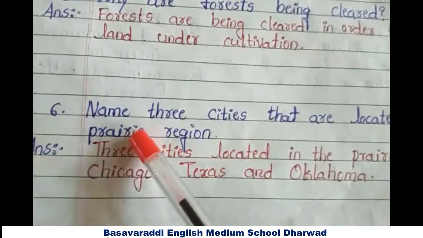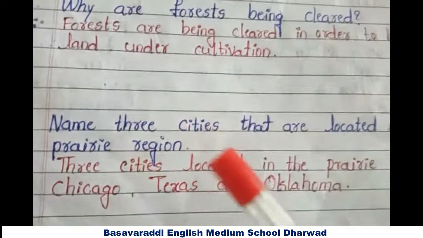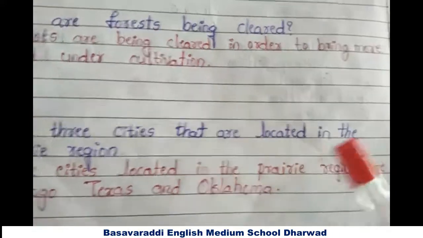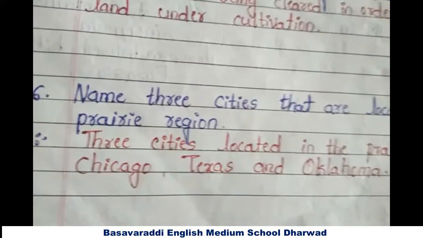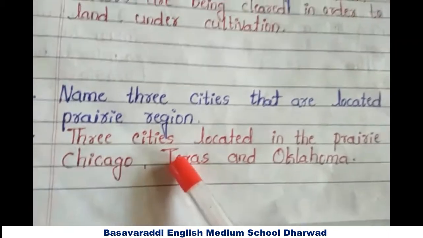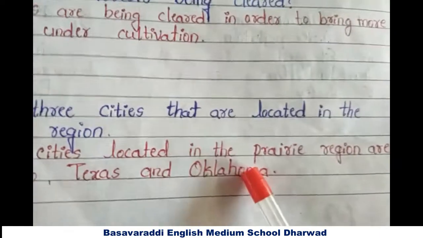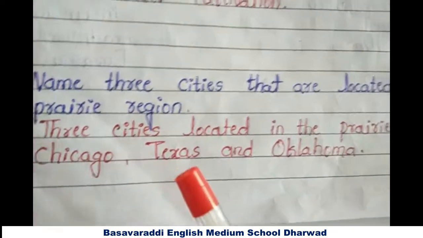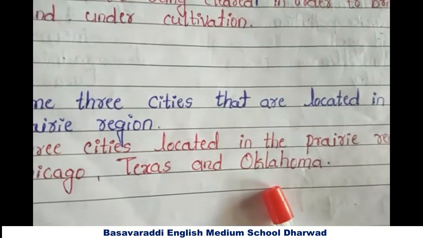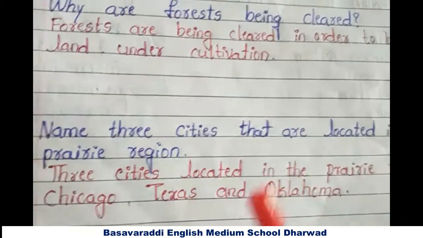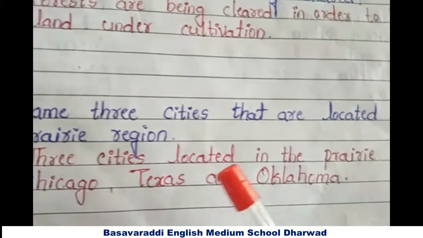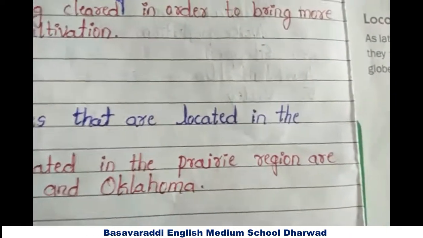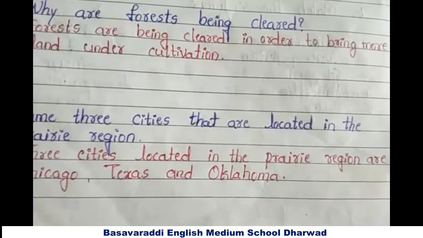Sixth question. Name 3 cities that are located in the prairie region. Chicago, Texas and Oklahoma. These are the 3 cities located in the prairie region.